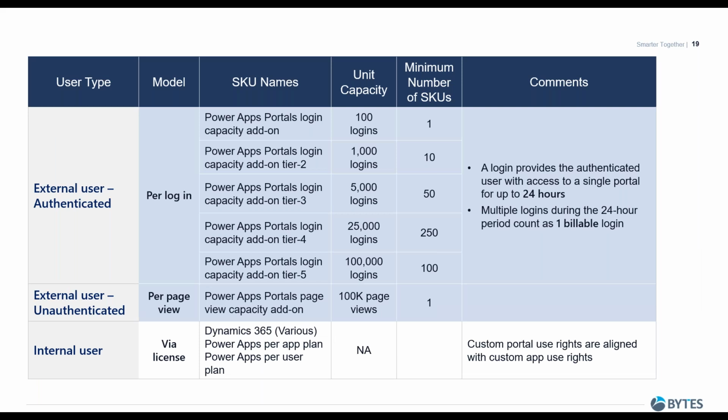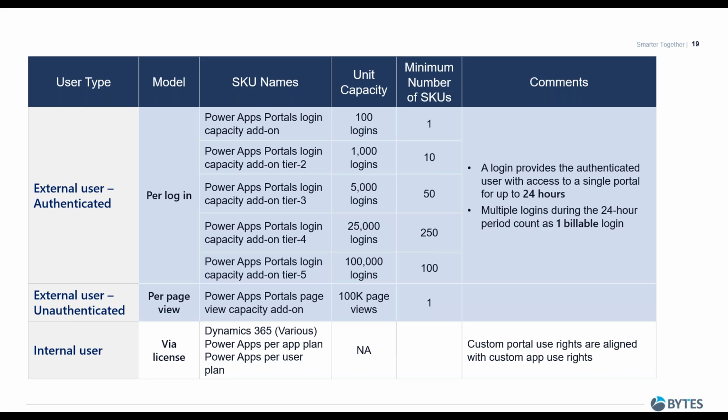The per page view licensing model is sold in packs of 100,000, and that's 100,000 page views per month. And for authenticated users, we're licensing that per login in packs of 100 logins, where one login is one user logging in for 24 hours. So if you had a user that logged in every day for 30 days in a month, that would take 30 out of your 100 login pack.